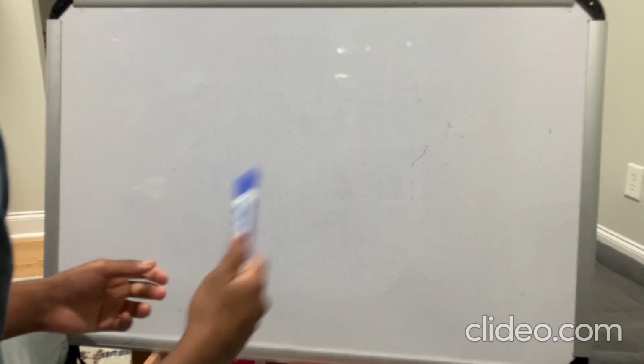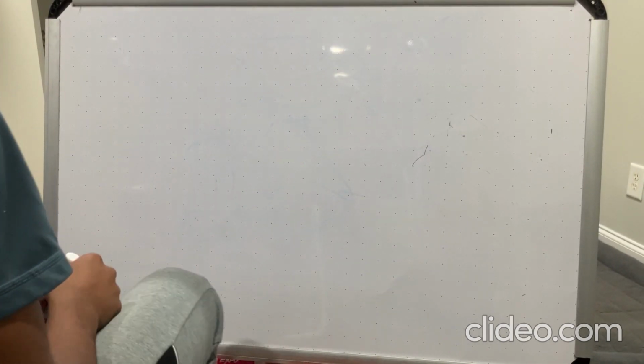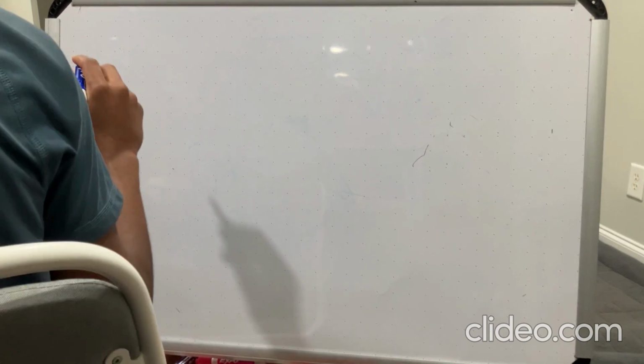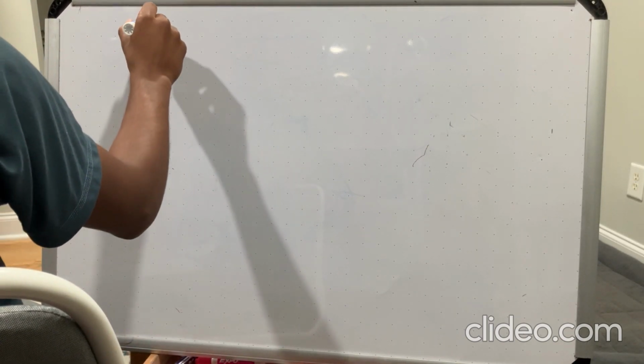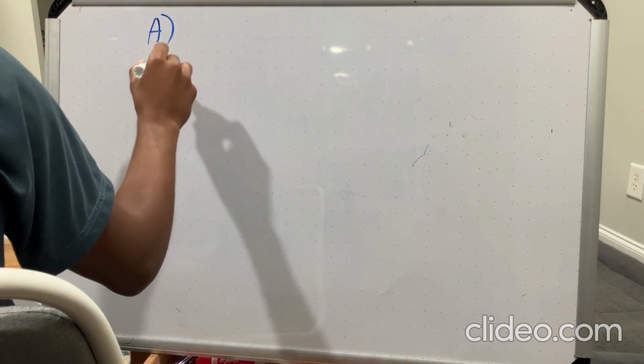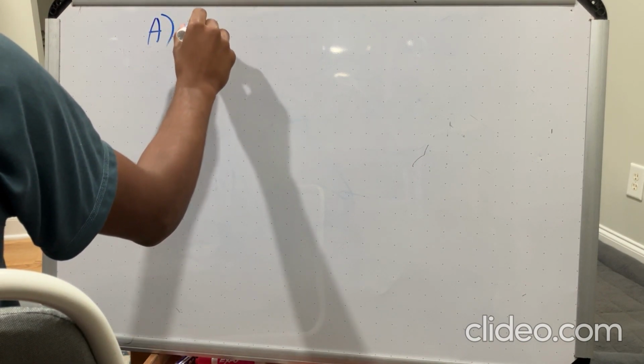Okay, now on to the next FRQ. This is question 17. The A part is split in 2 points. We got 1 point out of 2.